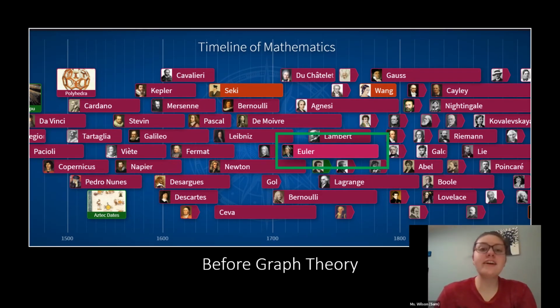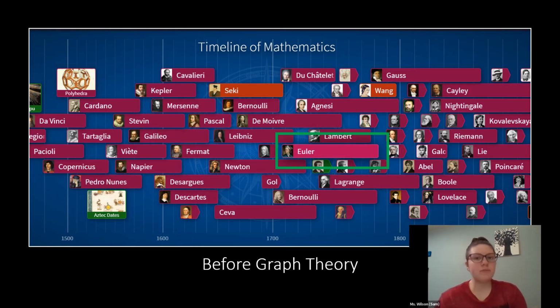All right, on this slide, we are looking at the timeline of mathematics, specifically from around the 1500s to just before the 1900s. So we do know quite a few people on this list. We have Da Vinci, Newton, Lovelace, and Nightingale are all on this list. And in the green box here, we can see Euler.